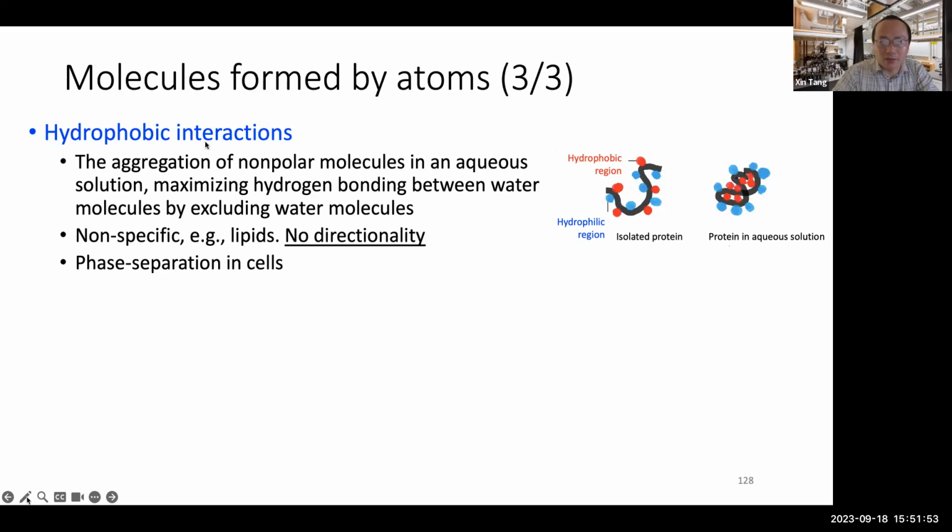Okay. And this hydrophobic interaction also exists in cells for another very important phenomenon called phase separation in the cell. So we talked previously about the compartmentalization of different organelles in the cell, right? Those different organelles separate from each other because they have a membrane on the surface. But even without a membrane, those macromolecules can also self-assemble into this kind of structure, and then they will aggregate together without a membrane.